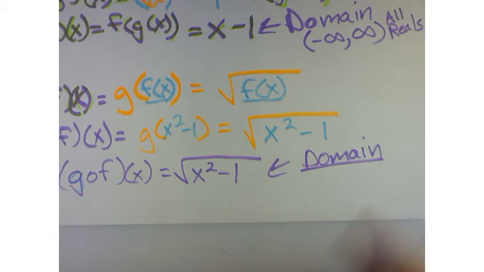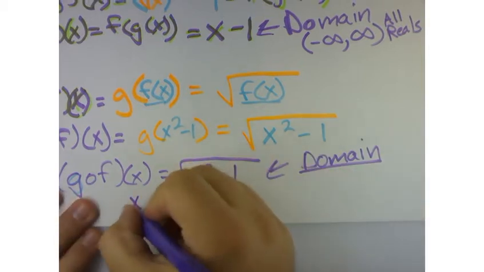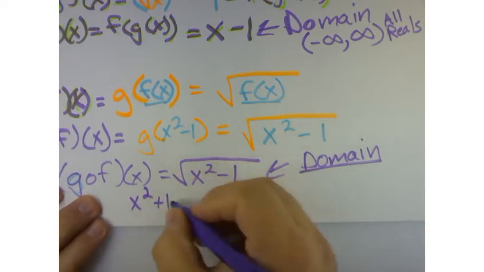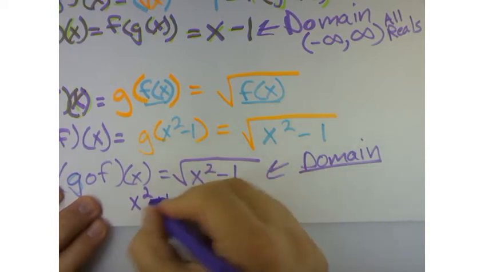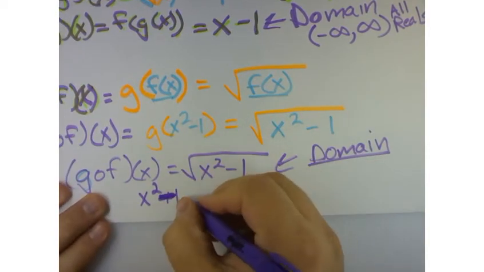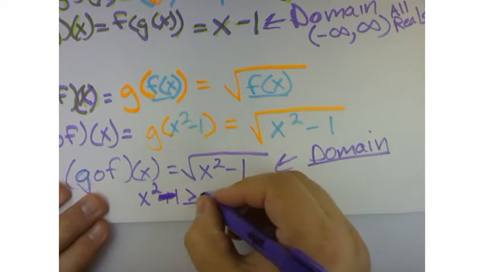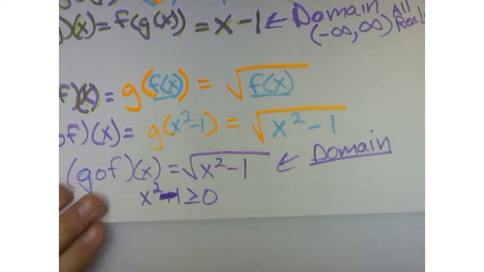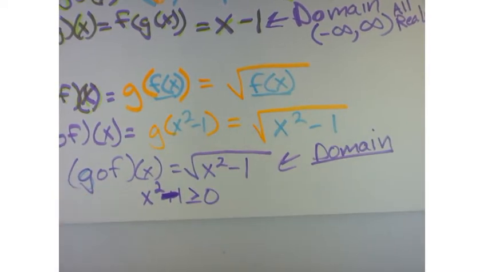So that means that x squared plus 1, or I'm sorry, minus 1, it has to be greater than or equal to 0. That's kind of complicated.